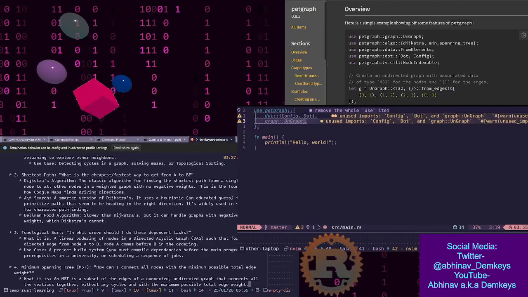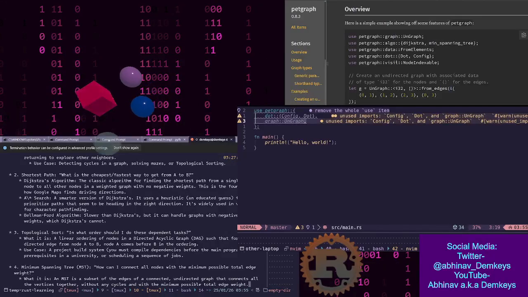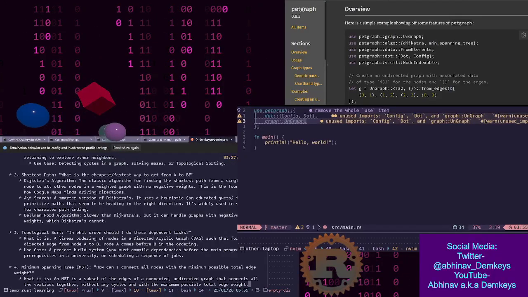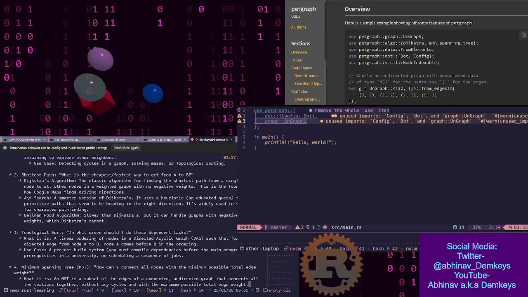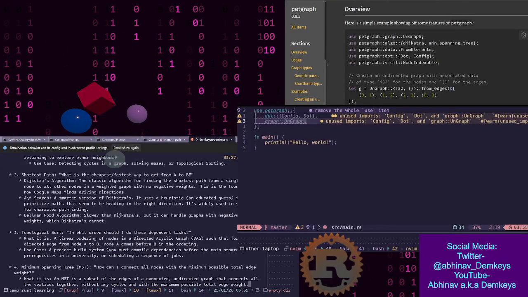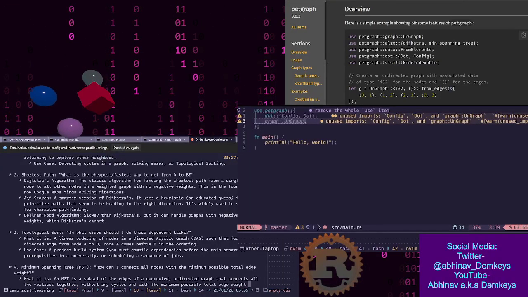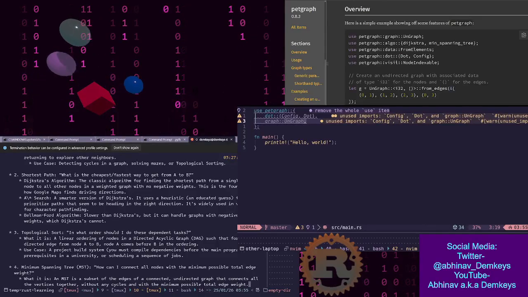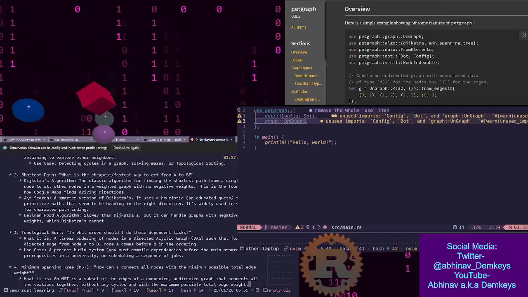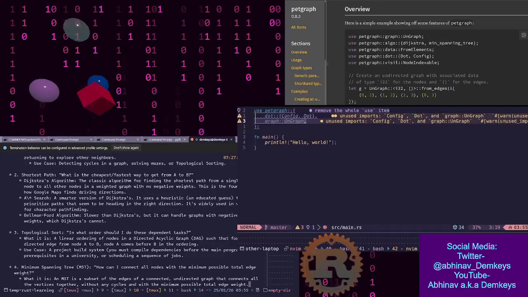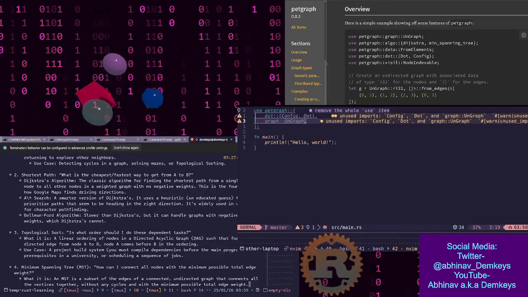Then, shortest path. What is the cheapest slash fastest way to get from A to B? I don't know how to pronounce that. I'm just going to say Dijkstra's algorithm. I think there might be a silent letter.